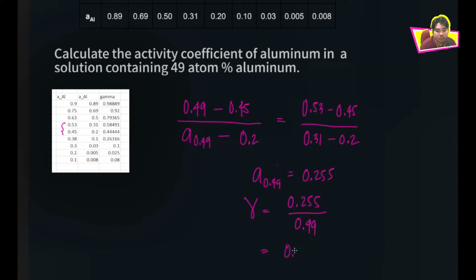Nag-crash na naman, pero let's take my other calculator. 0.25 divided by 0.49 is 0.52. Okay? So, ito yung gamma natin, 0.52. And it makes sense, no? If you look at 0.52, it's right in between.